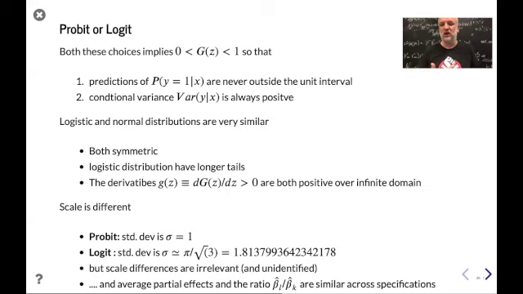The derivatives are positive everywhere, just like the normal distribution that has infinite support in the sense that the density is positive from minus infinity to plus infinity. It may be very small, but it's positive. The same is the case for the logistic distribution, actually putting a little bit higher probability on extreme outcomes. So they're also similar in that respect.